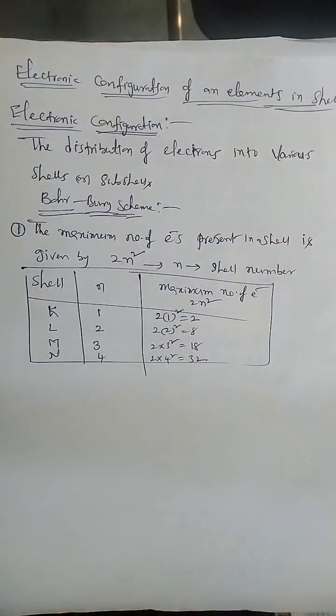The first point is that the maximum number of electrons that can be accommodated in a shell is given by the formula 2n square, where n is equal to the shell number.